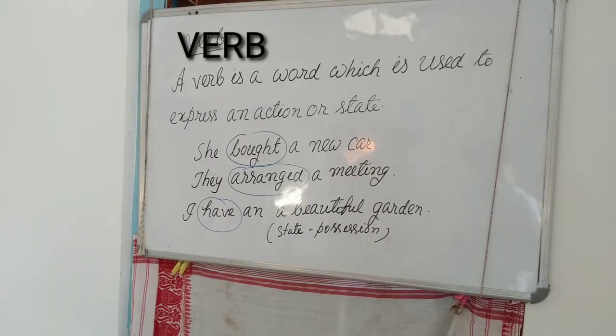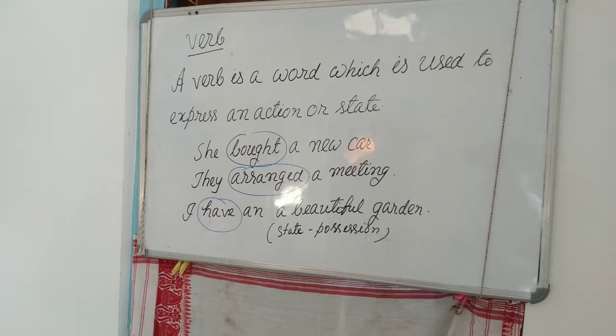A verb is a word which is used to express an action or a state. Actually, it is the verb that carries the function in a sentence. When we write a sentence or speak something, we say something is done, something is not done, something is like this.